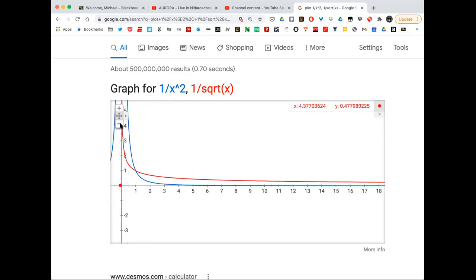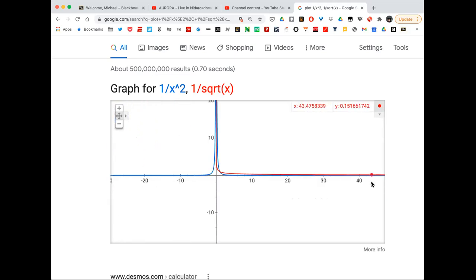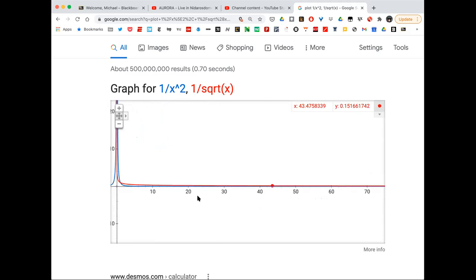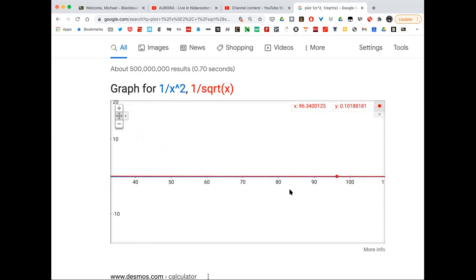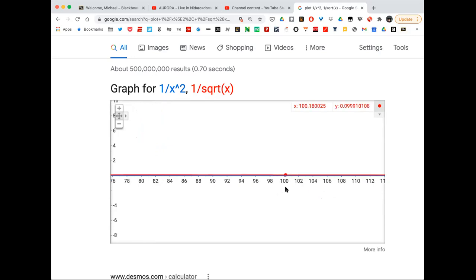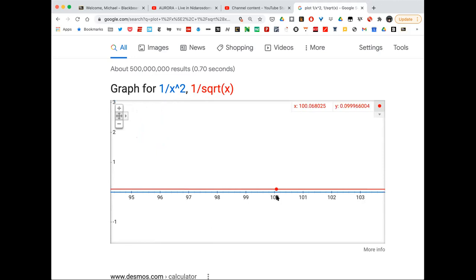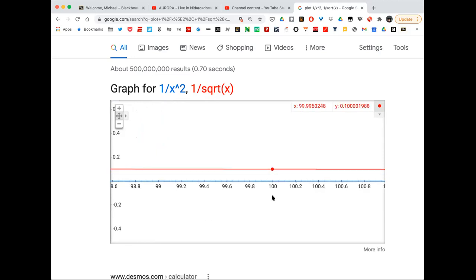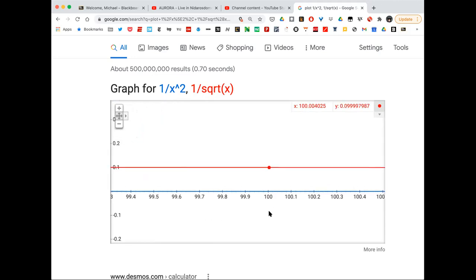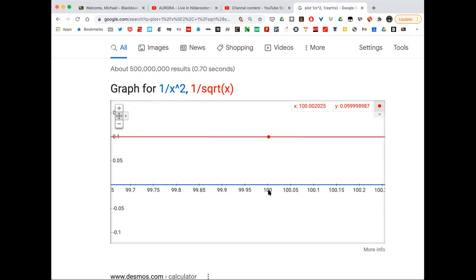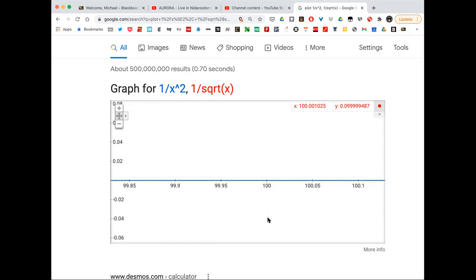And you can even say, well, over here they look like they're the same. They're both just against the axis. But if you zoom in, it's kind of fun to play with this. That's why I really like the Google search bar as a plotter. Notice, you see lots of area under the red, but the blue is hugging much tighter. The blue looks like it's on the axis.